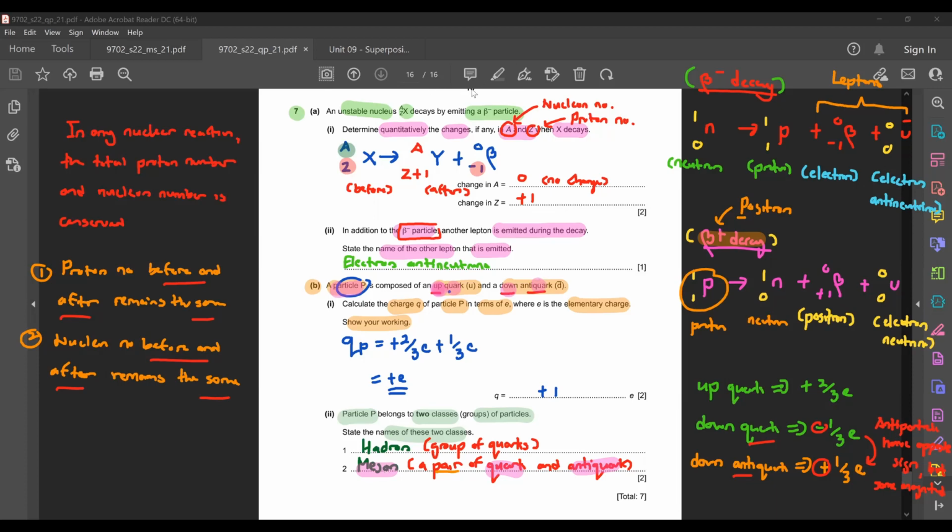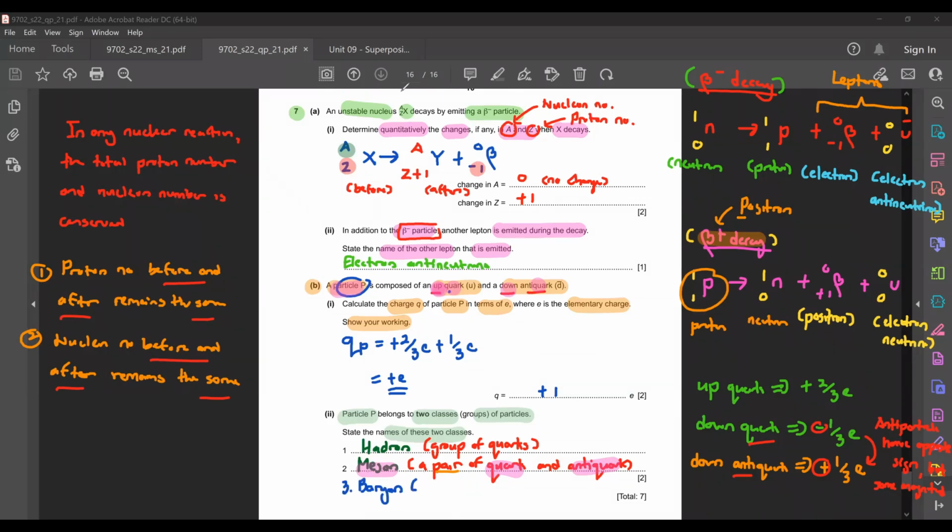Okay, now there's another group of particles that you will need to learn in your syllabus. That one is actually your baryon. Let me use a darker color here. So let me just erase this. The last group of particles that you need to learn is actually your baryon.